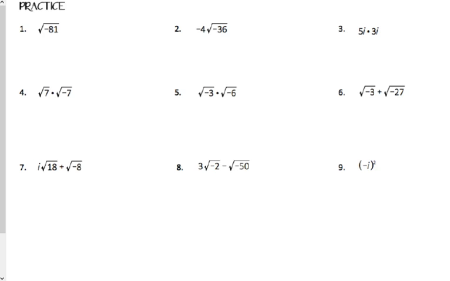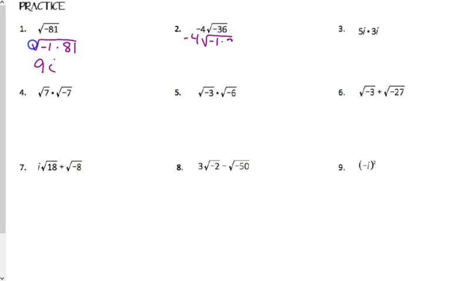Number 1, we have the square root of negative 81. So that's the same thing as square root of negative 1 times the square root of 81. Square root of 81 is 9. Square root of negative 1 is I, so 9I. For number 2, we have negative 4 times the square root of negative 36. So negative 4 stays on the outside.